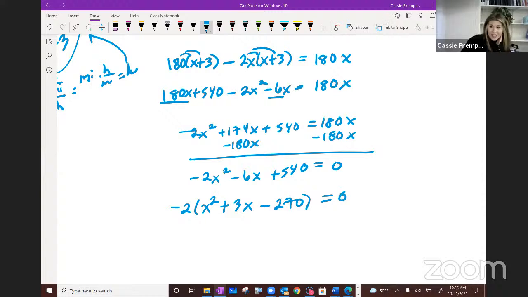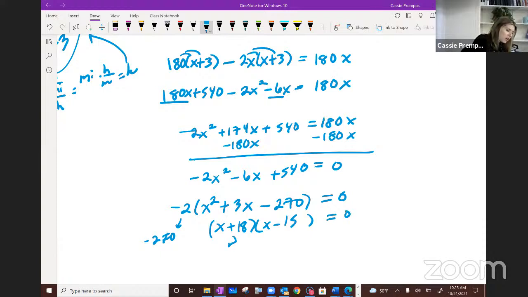And then the -2 can't equal 0, so we can go ahead and throw that away. And then as I factor this down, I have x and x. The last term's negative, so I'm going to have a plus and a minus. And the factors that work here are 18 and 15.